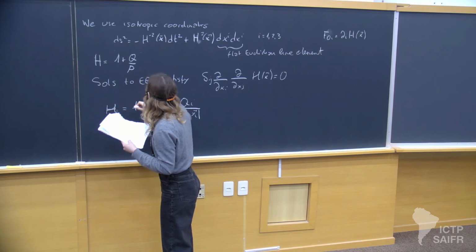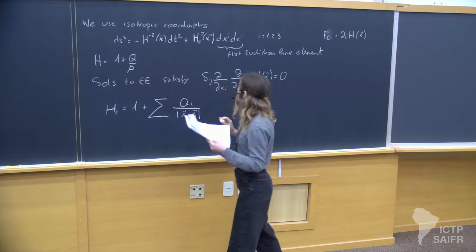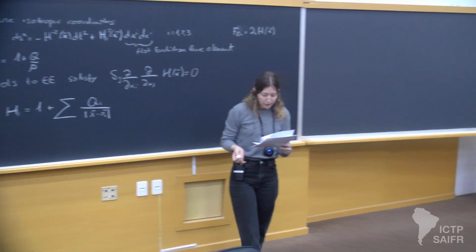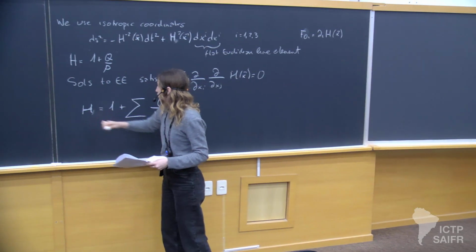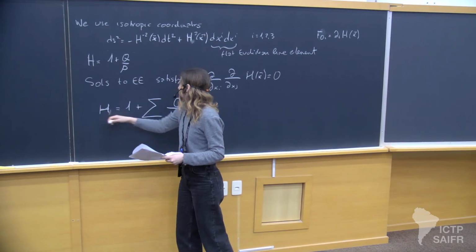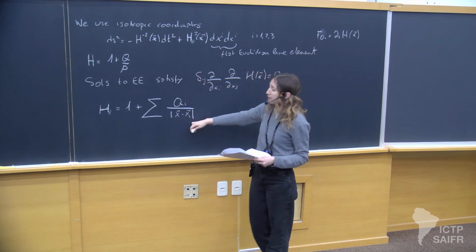So the solution at this point is just static. It's characterized by one warp factor, h, and this warp factor is a solution to this equation. Particularly, it can be like this.